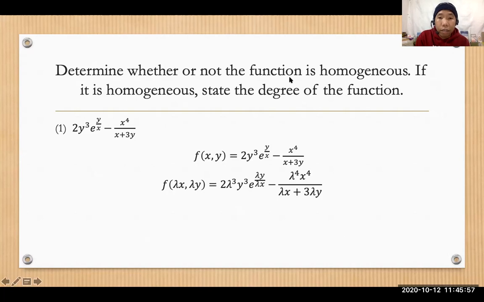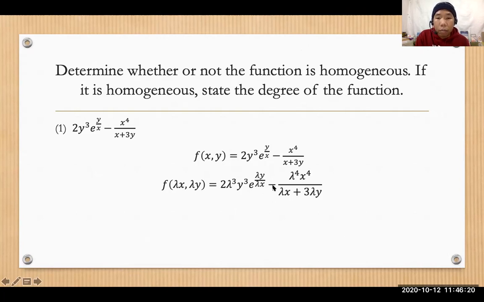So take a look at the first term here. You have lambda cubed in factored form. You have here the exponential function e raised to lambda y over lambda x. As you can see, you can cancel lambda, right? So we can remove lambda in this term.